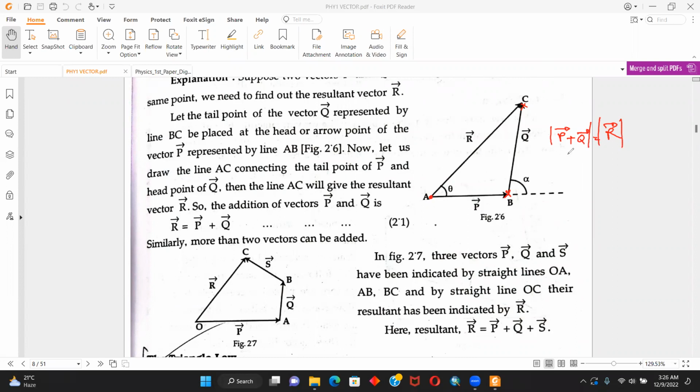And what will be the magnitude of P vector plus Q vector? You have to do some algebraic or geometric operations to get the absolute value of these two. You cannot just convert it to P plus Q equals R.